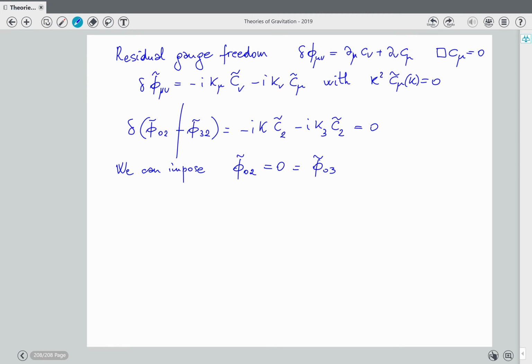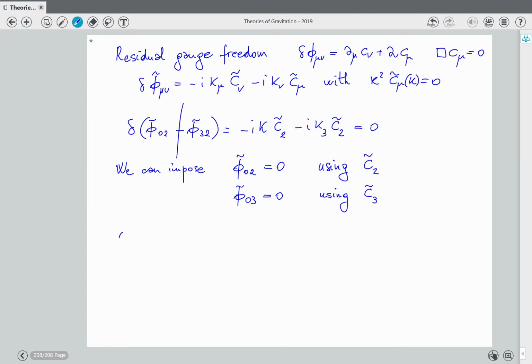No, we have to keep track of what we are using. So we can impose phi tilde 0, 2 to equal 0 using c tilde 2. We cannot use it twice. That's what we have to be careful about. We can impose phi tilde 0, 3 equals 0, and that forces us to spend c tilde 3.